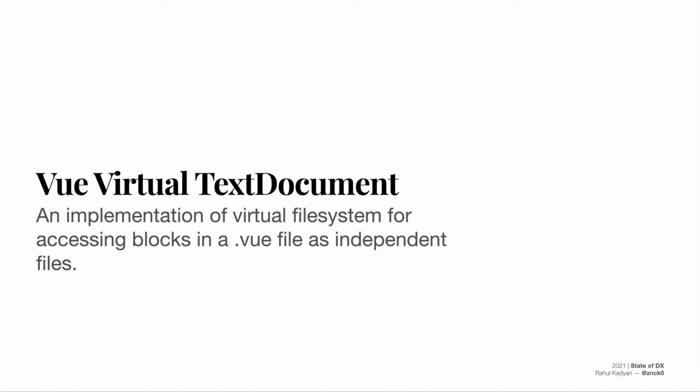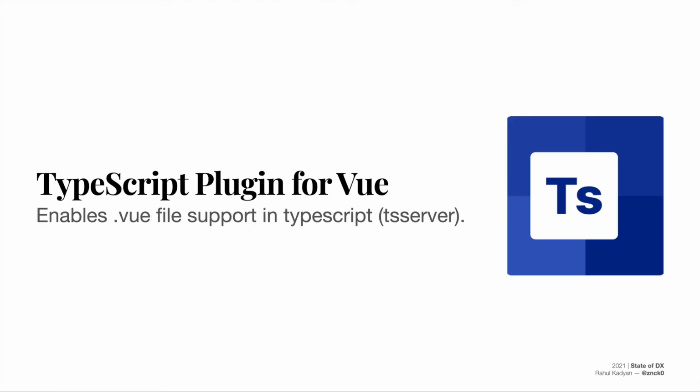And this allowed the TS plugin to provide TypeScript features without transforming or mutating the source code, which makes it much faster. Then obviously the TS plugin, which is a plugin for TS server to enable it to support .vue files.